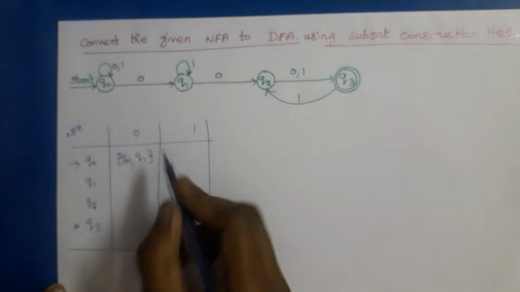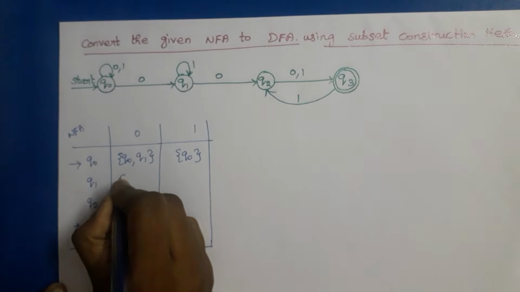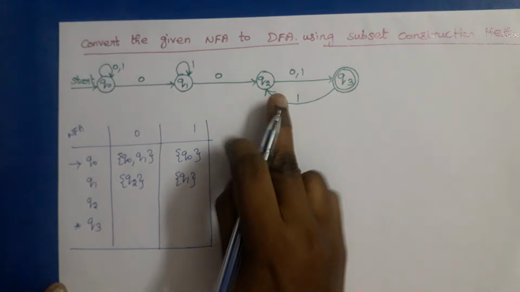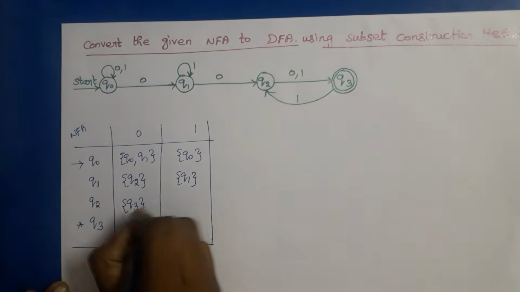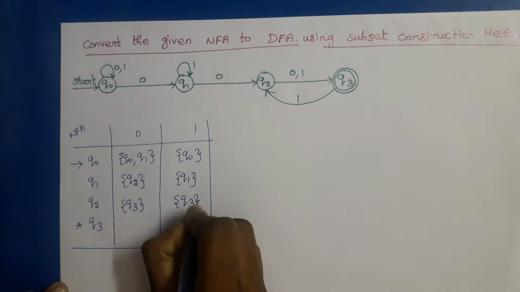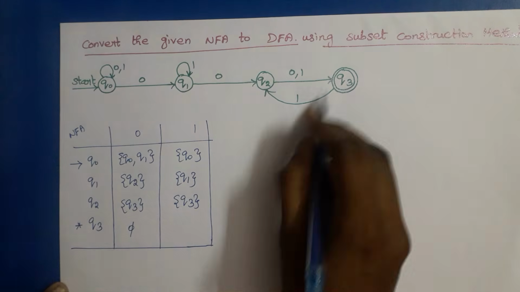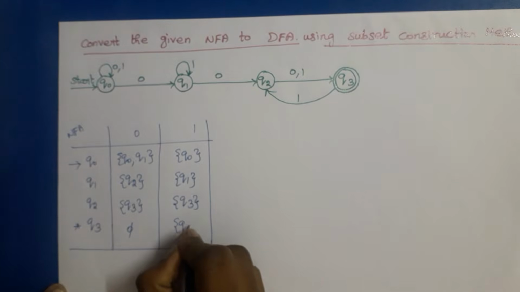From Q0, 1 goes to Q0. From Q1, 0 goes to Q2, 1 goes to Q1. From Q2, 0 goes to Q3, 1 also. From Q3, there is no 0 transition and 1 goes to Q2.